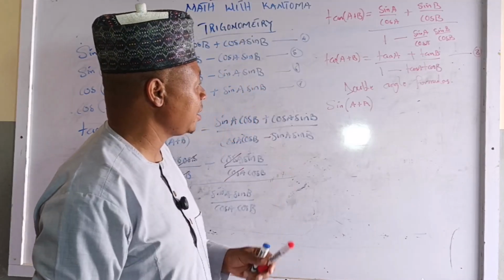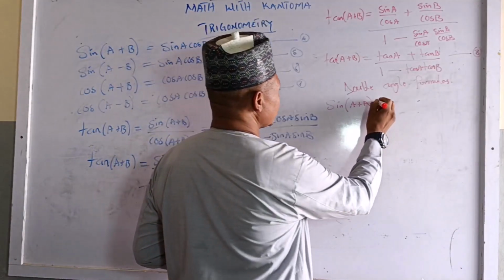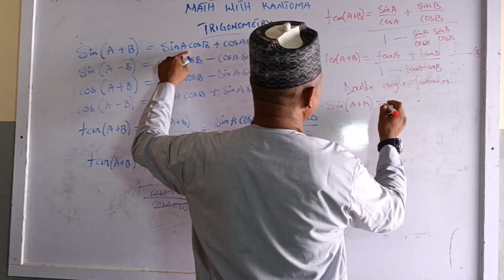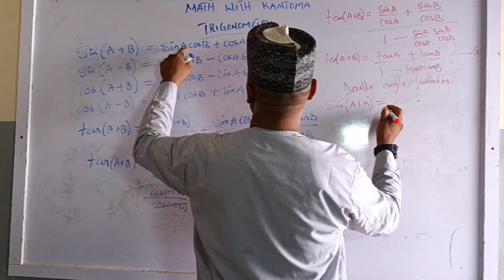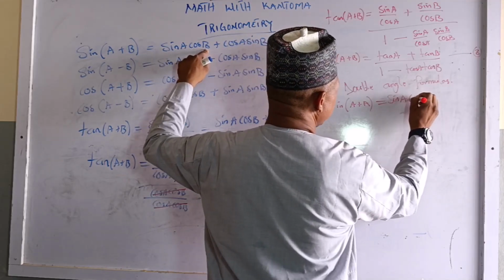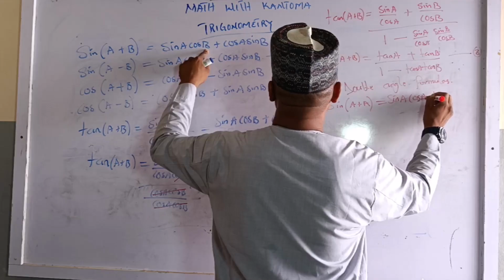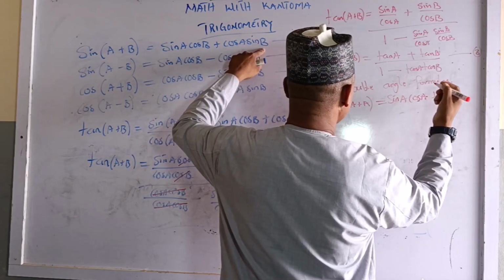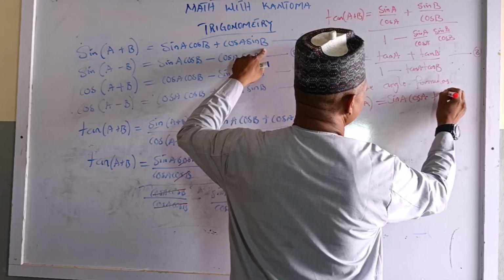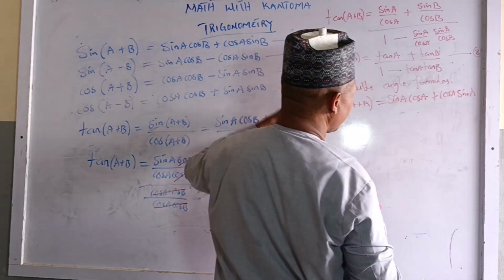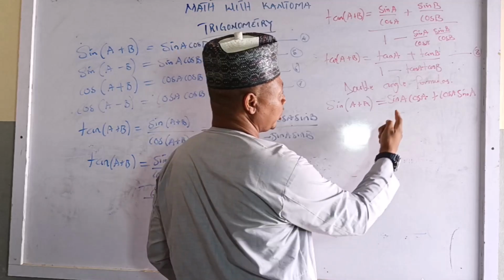So I have sine A plus A, which is equal to, from this formula, we know that sine A plus B is given by this, sine A cos B. So instead of writing sine A cos B, I can write sine A cos A, plus, instead of cos A sine B, I will write cos A sine A, because A is equal to B. So now if you look at these two, both of them are equal.